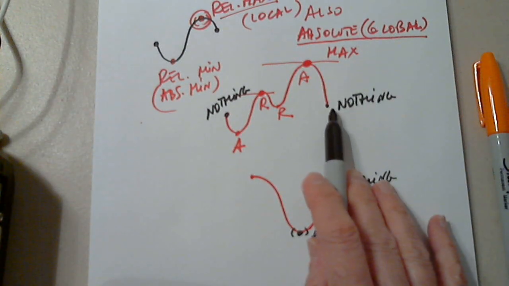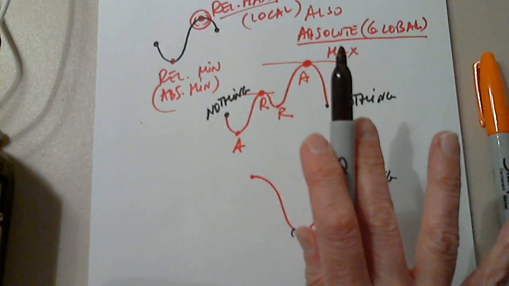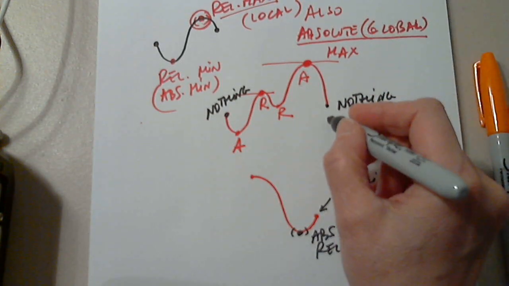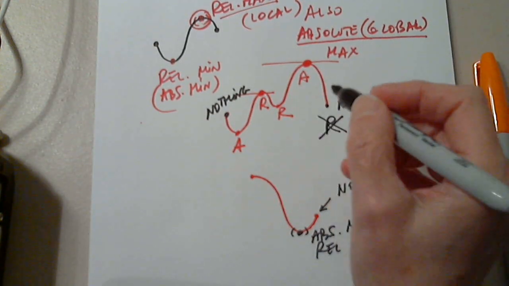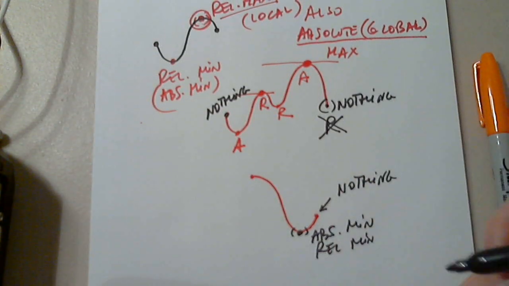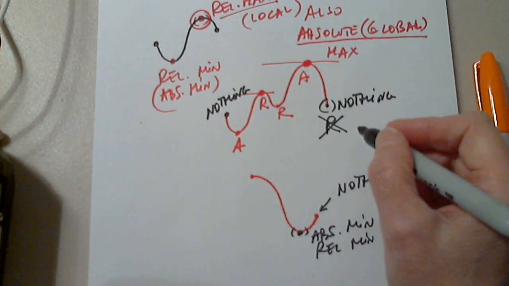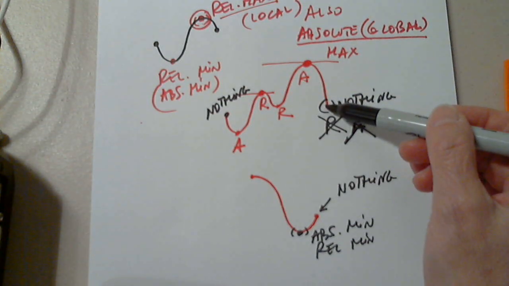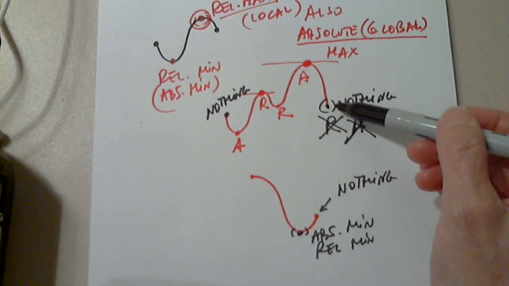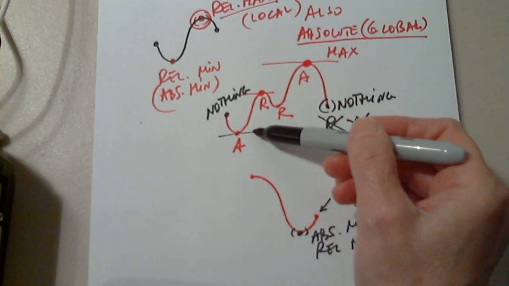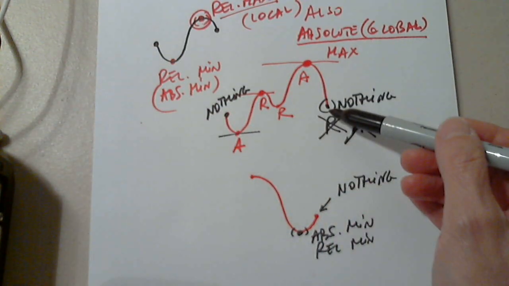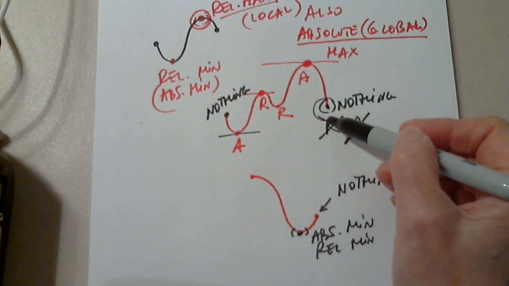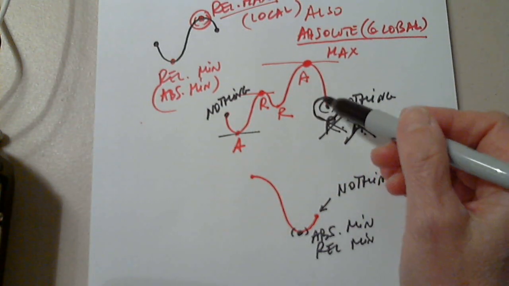It's not a max nor a min. Why? You can say, but it's a minimum. No, it's not a relative minimum, because the function does not exist on both sides. It's not an absolute because this number is, I don't know, 10, but there is one that is lower than it. So it cannot be absolute and it cannot be relative because it's at the end point of the interval.